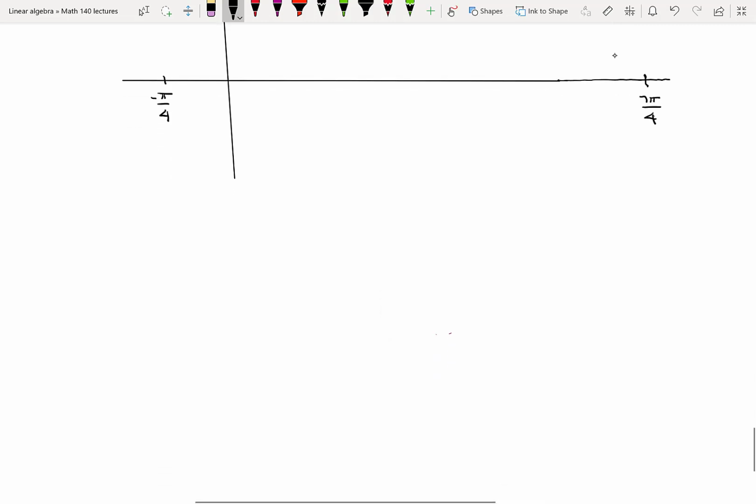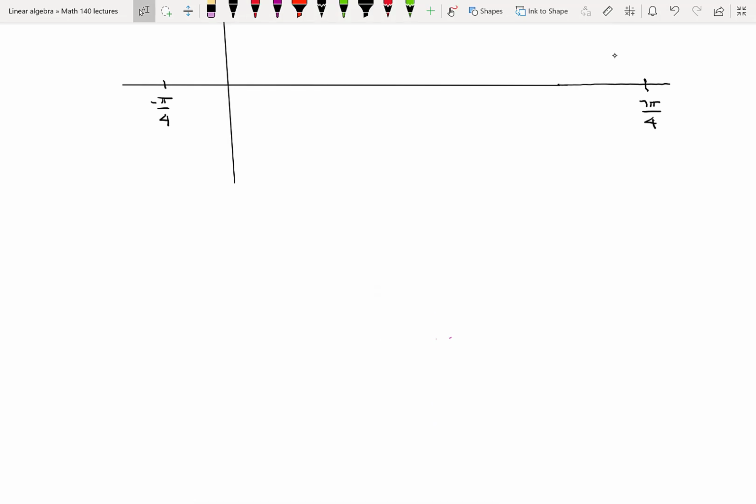So let's find the midpoint. To find the midpoint, we take negative pi over 4 and then add 7 pi over 4 and then divide by 2. Negative pi over 4 plus 7 pi over 4 is 6 pi over 4. Then divide by 2. So this is 6 pi over 4 divided by 2.